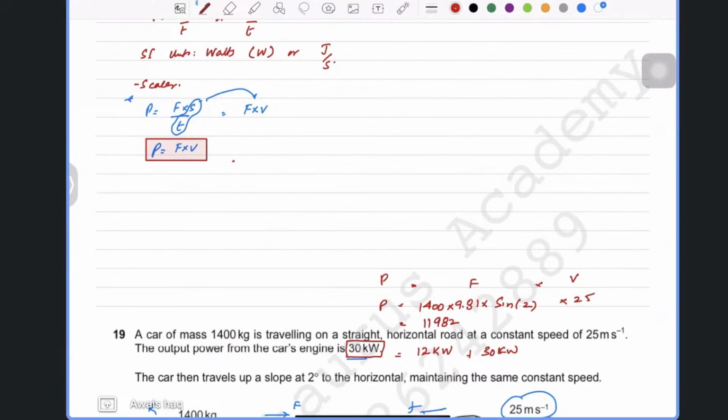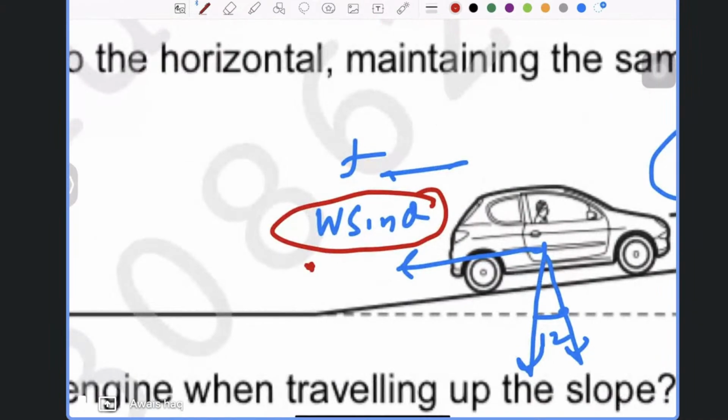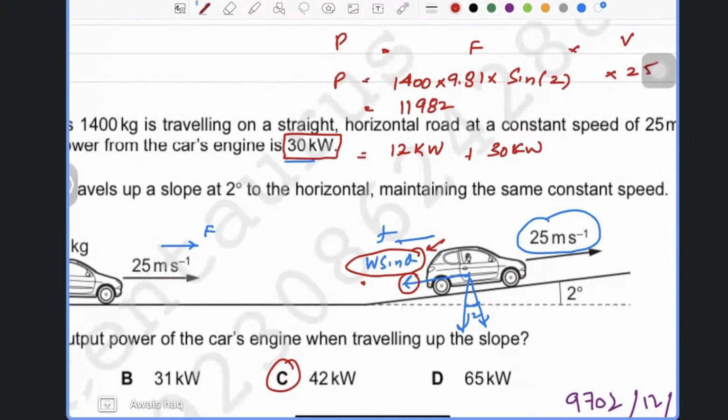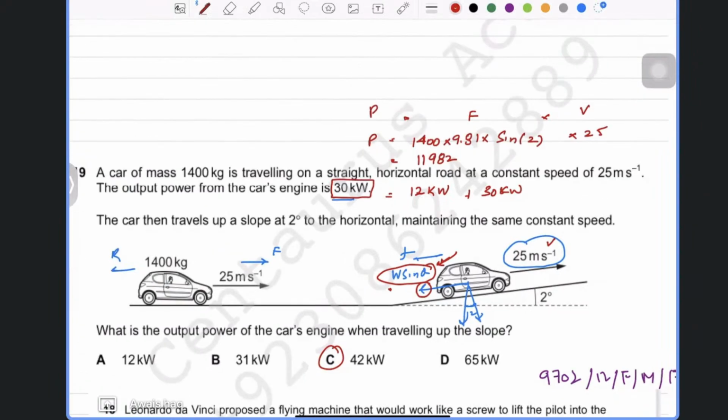What do you mean by that? Sultanat, we have to find this force first, to know how much power is needed to overcome it at this velocity, if you want to maintain this velocity. Do you understand this? Is it clear now? Should I go forward?